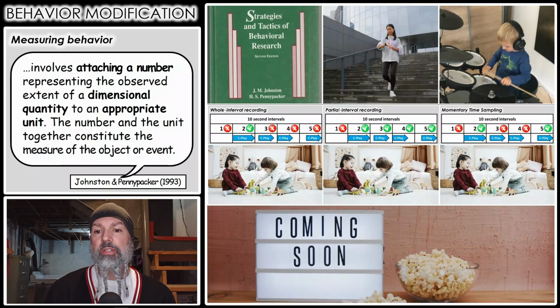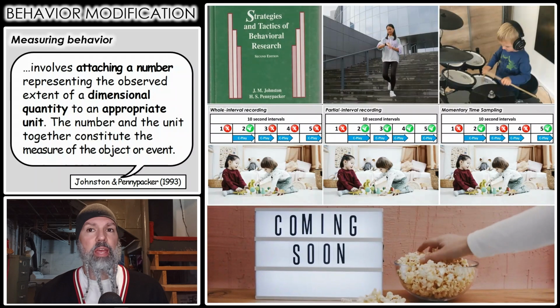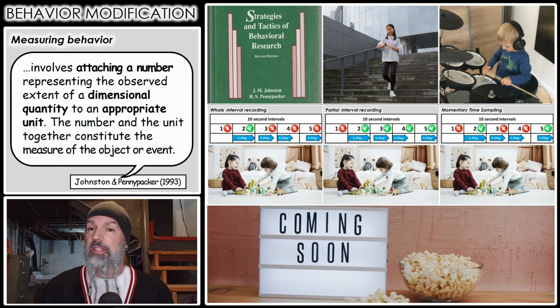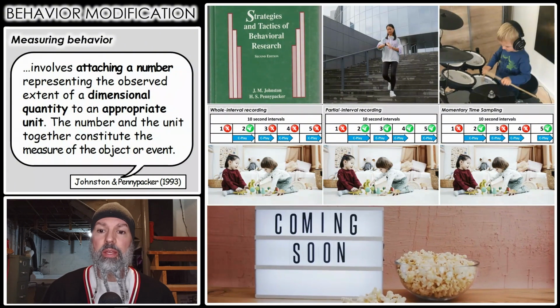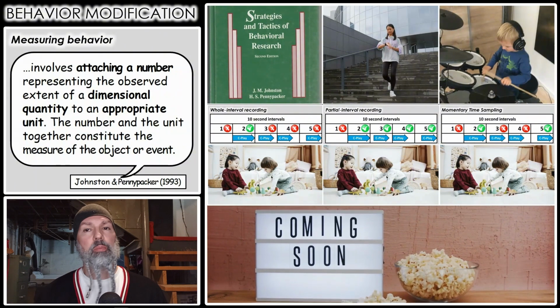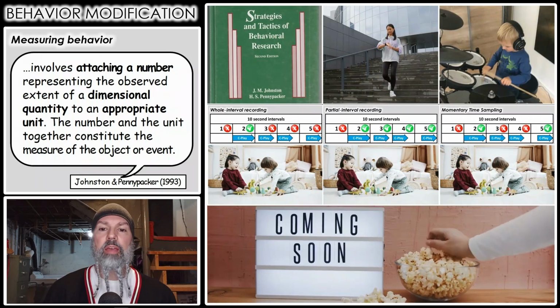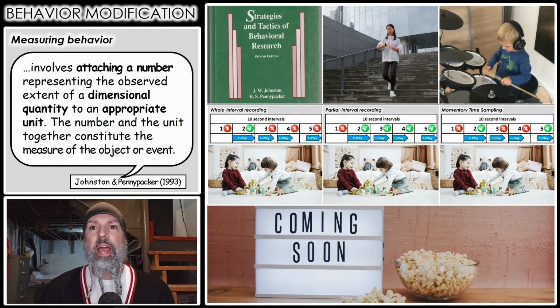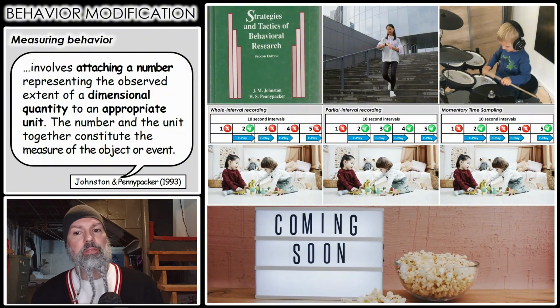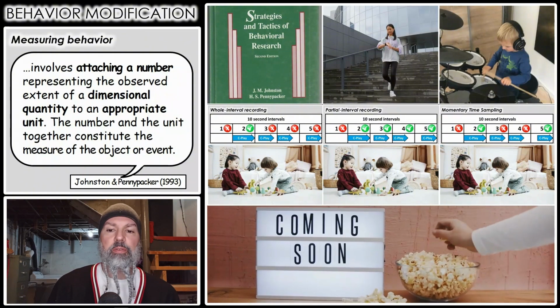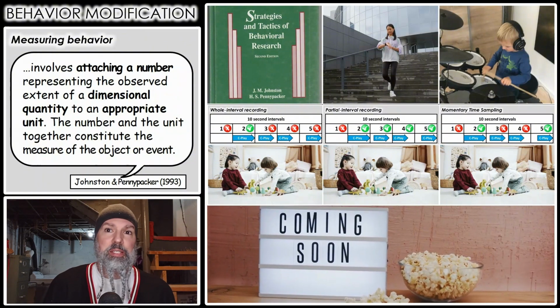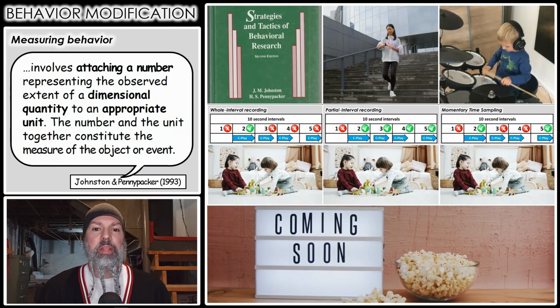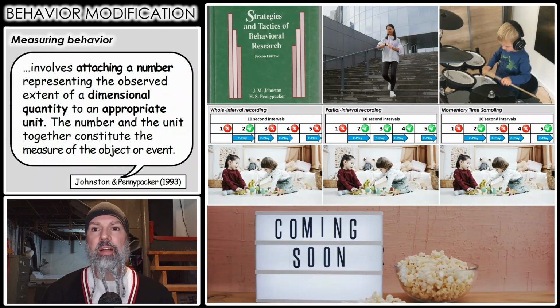We looked at partial interval recording, where the behavior only has to occur at some point during the interval to be recorded. And then we talked about momentary time sampling, where the behavior only has to be occurring at the end of the interval for it to be recorded, and how those underestimate for whole interval, overestimate for partial interval, and both underestimate and overestimate for momentary time sampling the actual amount of behavior that occurs.